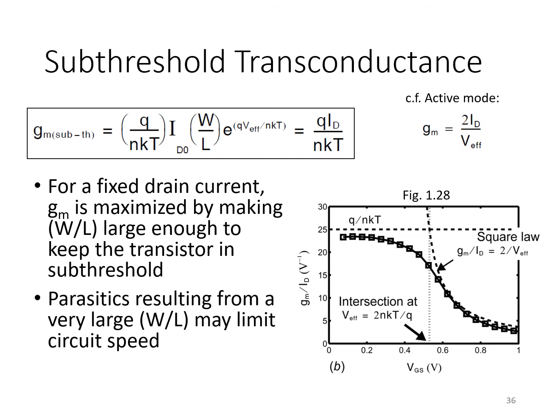Now we're plotting it versus the gate source voltage, and the threshold voltage is somewhere over here at about 450 millivolts. So it's around here that V effective reaches zero. As a result, the square law prediction is this dashed line here, whereby we would expect the transconductance, GM, again for fixed ID, to increase indefinitely, blow up to infinity.